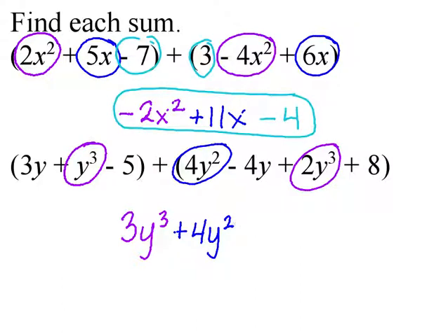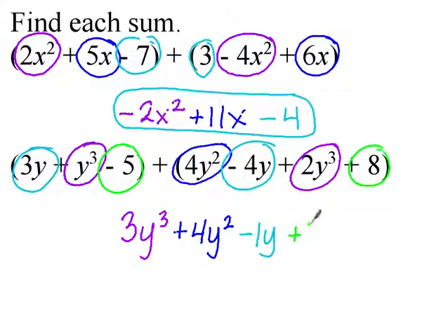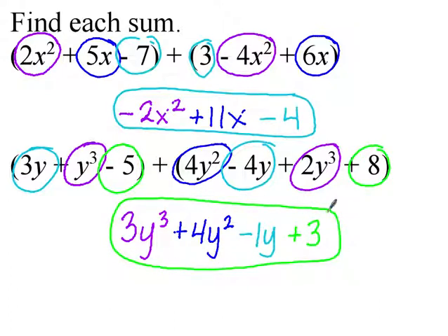What's the next term? 3 ones, well, it'd be 7. Negative y. Negative 1y. And then what's my next term? Negative 3, 3 plus 3. Good job. Yes, we do like things to be written in standard form. I don't just want them willy-nilly here and there. So try and write them in standard form if you can.